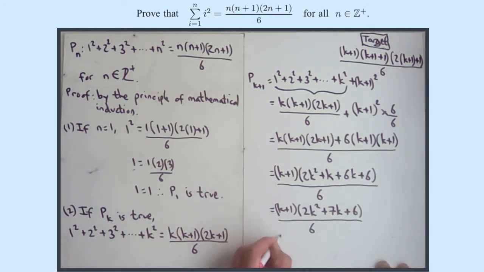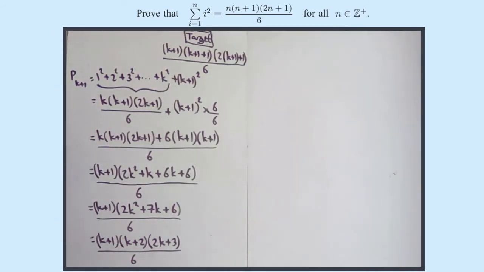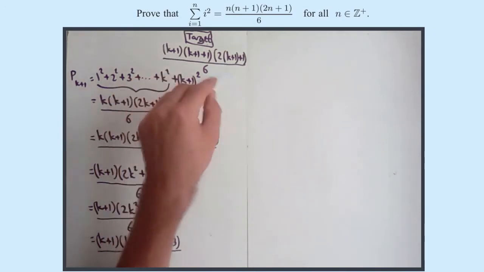So this is going to equal k plus 1, k plus 2, and 2k plus 3 over 6.